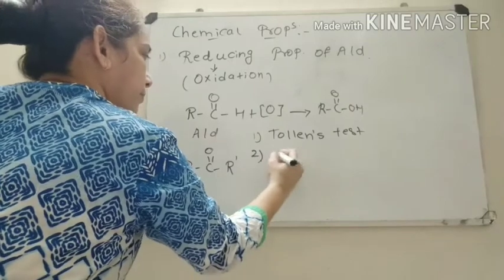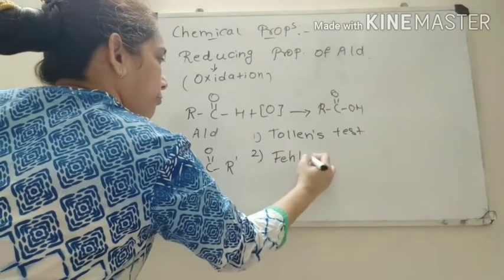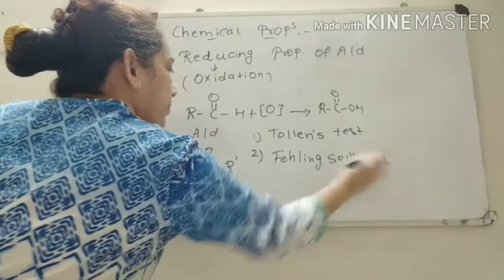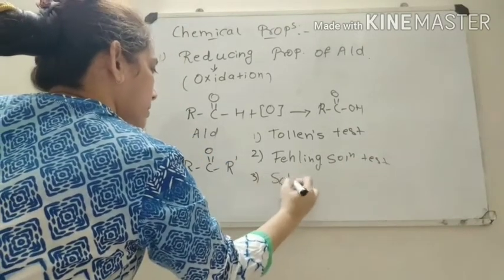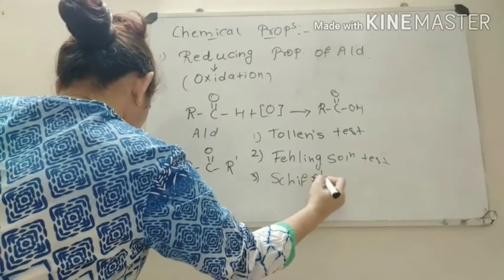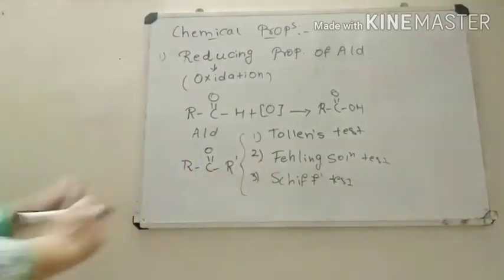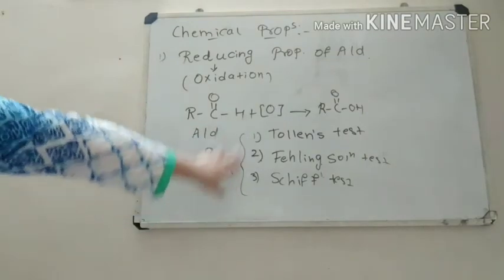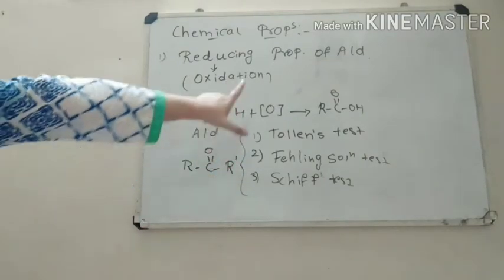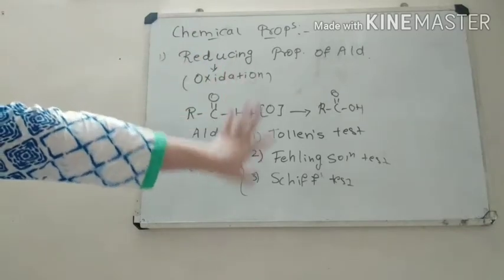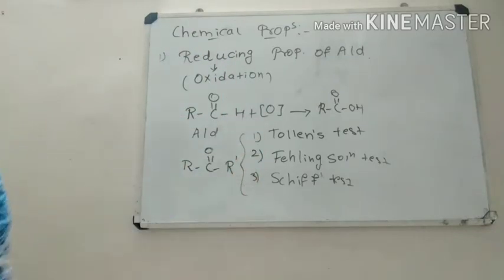Second is the Fehling solution test. And third is the Schiff test. So remember these 3 reducing properties of the aldehydes: first is the Tollens reagent test, then the Fehling solution test, and the third is the Schiff reagent test.